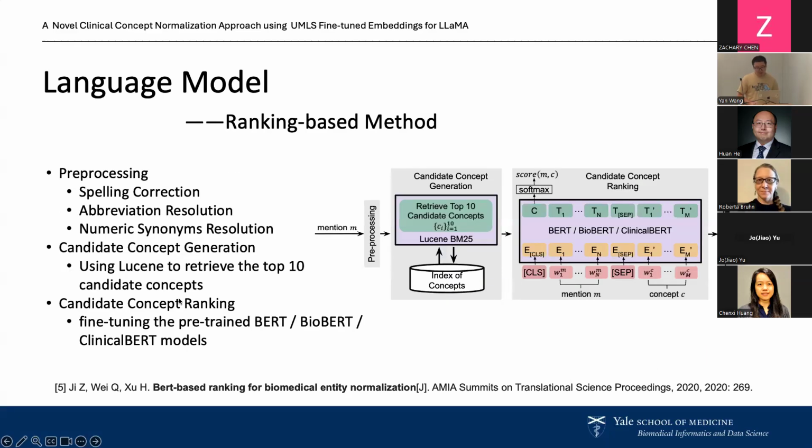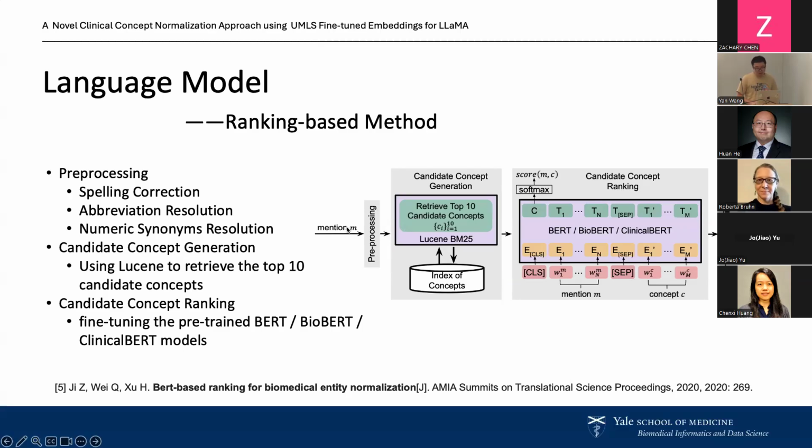Another application of a language model in concept normalization is ranking candidates retrieved from existing algorithms such as BM25. As this paper shows here, the entire framework has 4 modules.